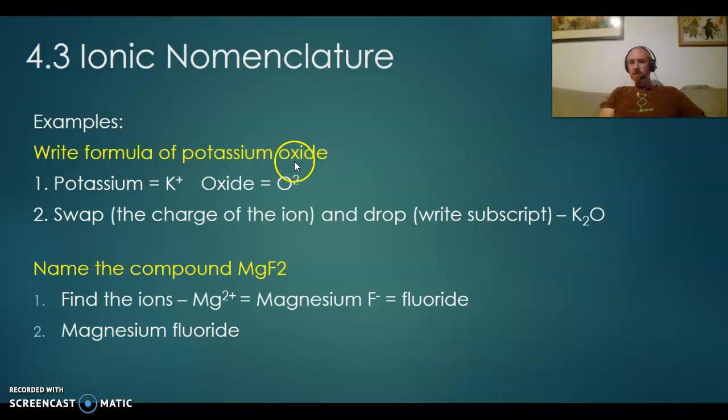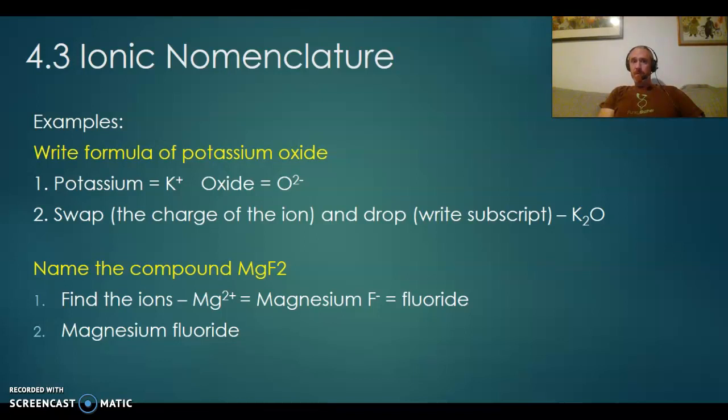You can recognize "ox" is the start of oxygen, and then "ide" shows that it's an anion. If you've got potassium oxide, potassium is always 1 positive, and oxide is 2 negative. You can see that in table 4.3.